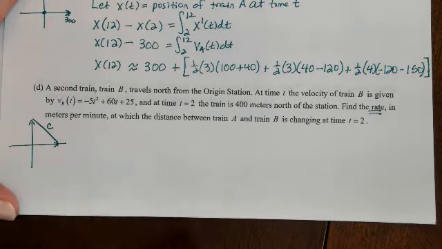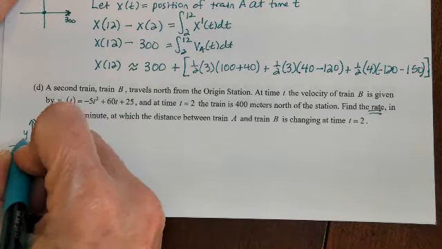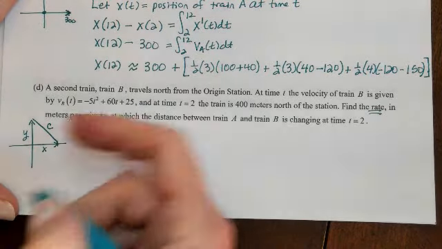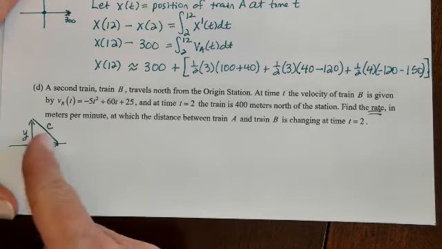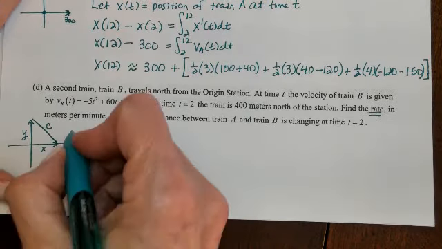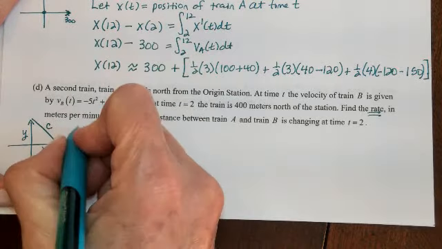So I know an equation. If I let this distance be x and this distance be y, then I know an equation that relates those three. It's called the Pythagorean Theorem. So I said let x equal the position of train A. I need to do the same.